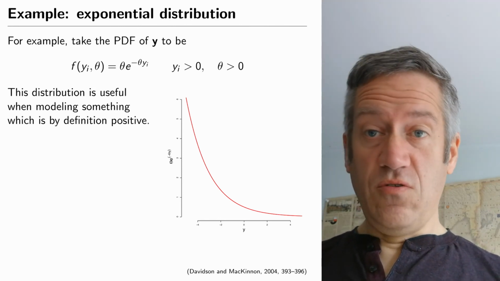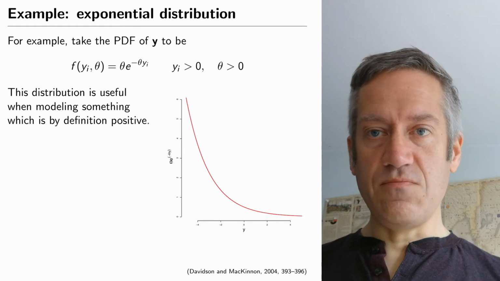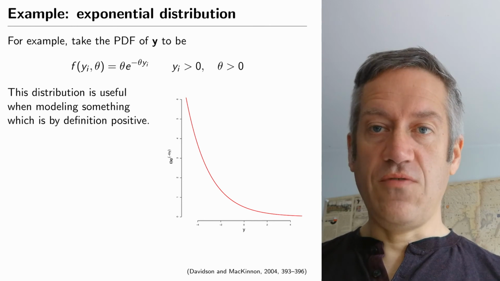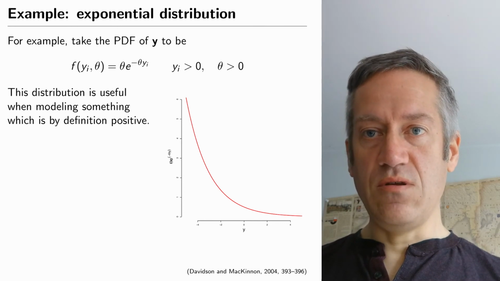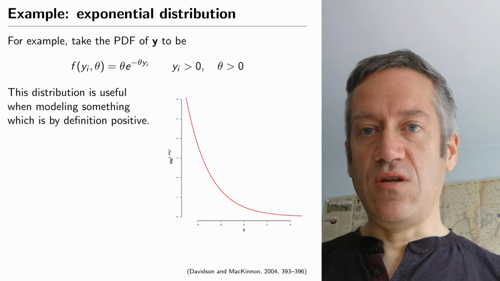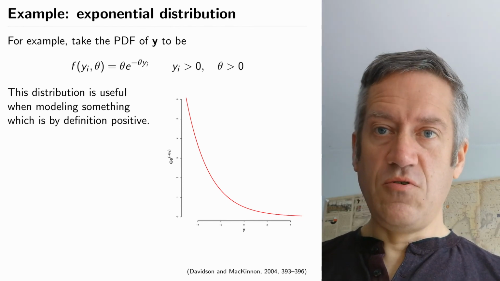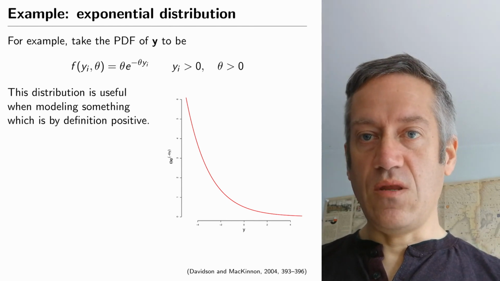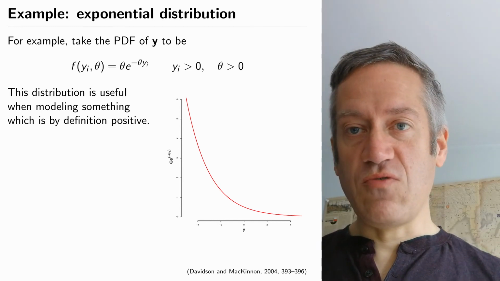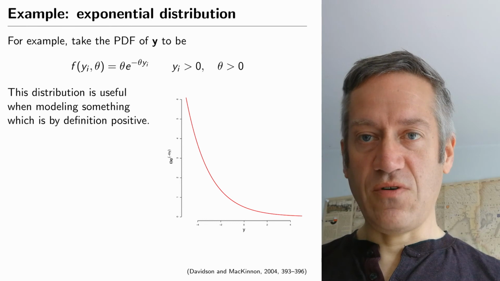So a good distribution for this might be the exponential distribution. Here you see the probability density function of an exponential distribution. A small caveat here is that the exponential distribution is a continuous distribution. When it comes to number of deaths, we are talking about integers, like 1, 2, 3, but it can't be 1.5 or 2.5.